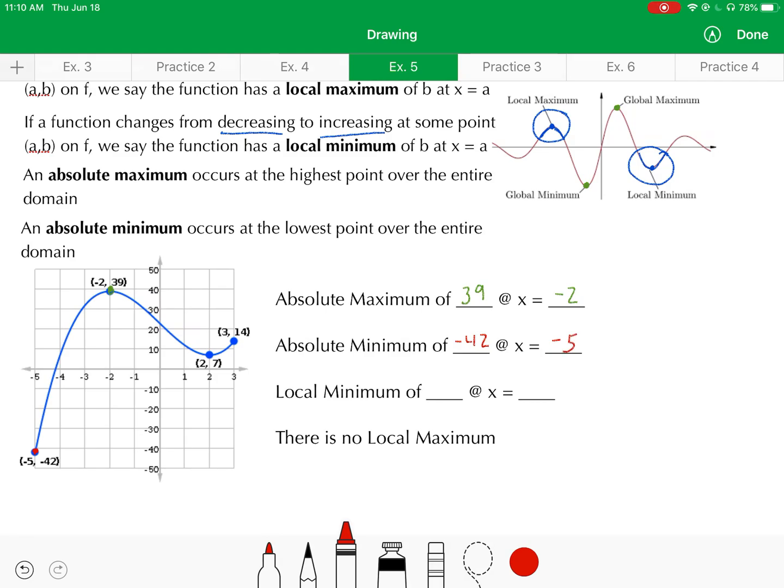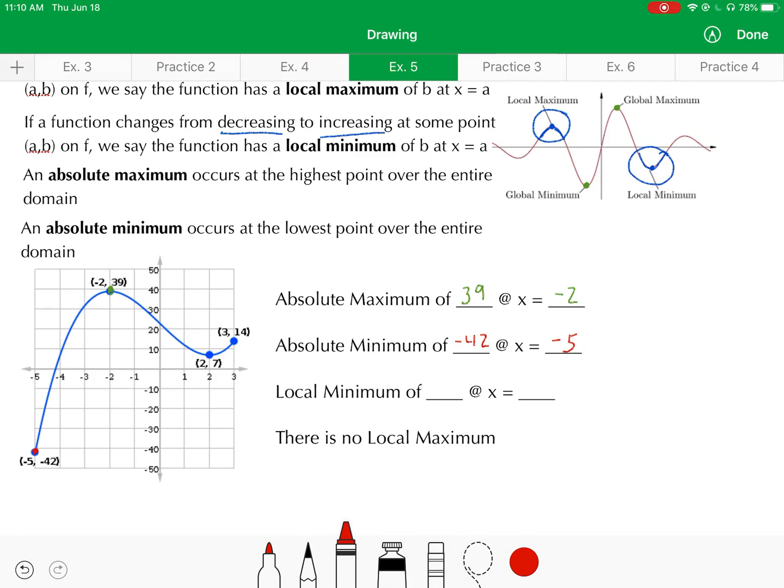Okay? All right, local minimum. Remember, it's any spot on the curve where we change from decreasing to increasing, okay? And you don't list your absolute maximums and minimums when you give your local maximums and minimums, okay?